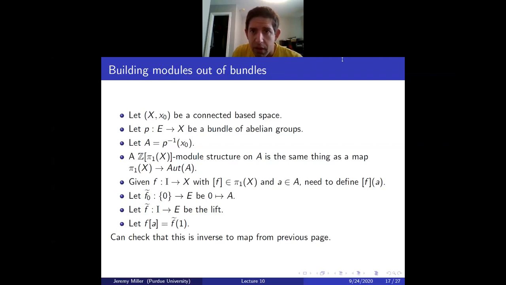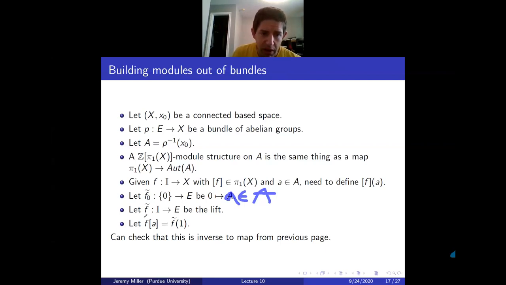This is supposed to be lowercase a, or maybe capital A, as written. Then path lifting, or unique path lifting, says we can lift this path in the base to a path in the total space, and it's unique.